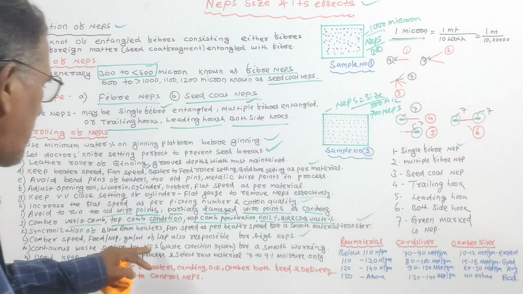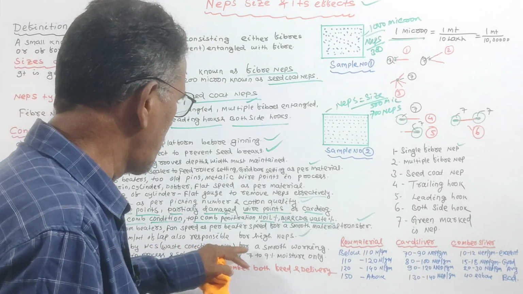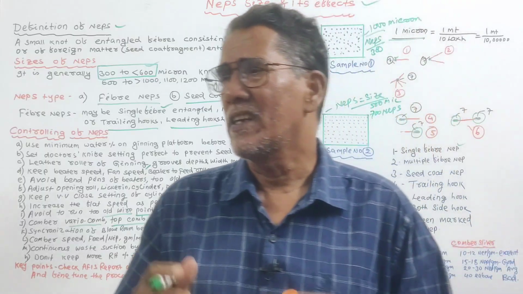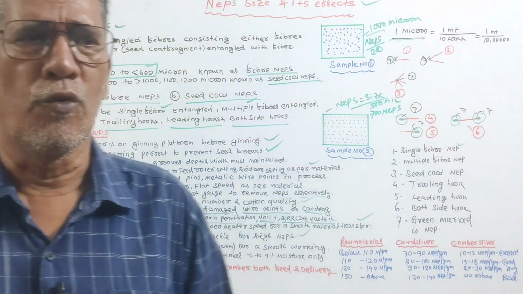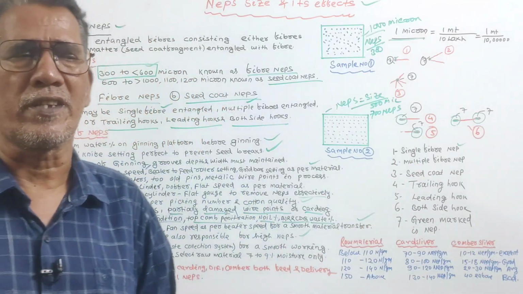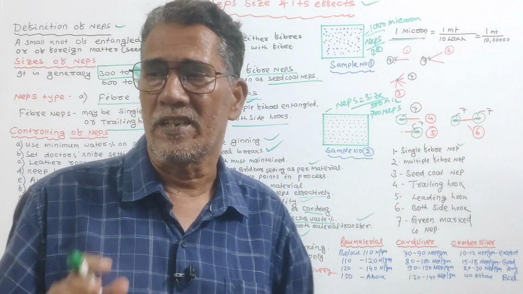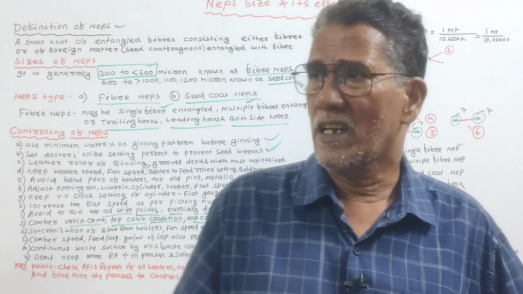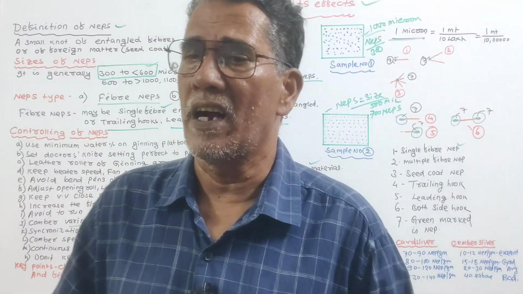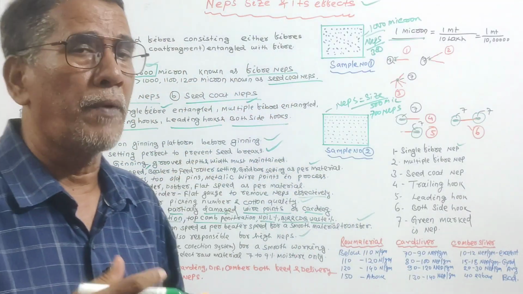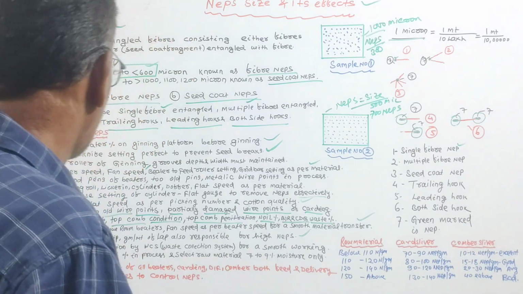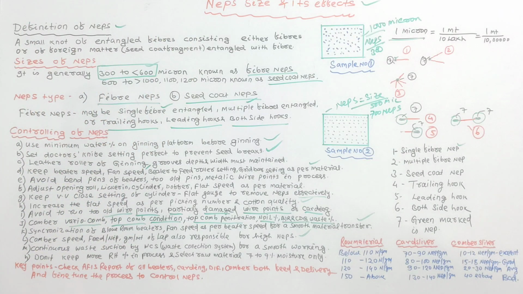Continuous waste suction by WCS, waste collection system, for smooth working. In blowroom, in carding, in comber, all the waste collection must be centralized in WCS, so that there is no clogging of waste in any machine, and the quality of output will be good. Then we can expect lower naps in the process.